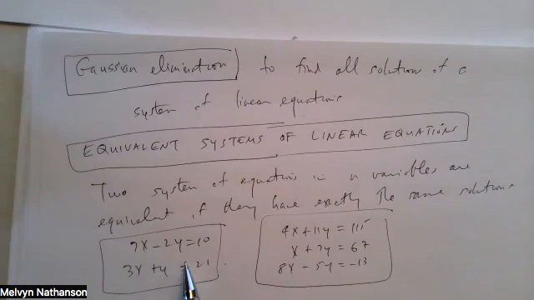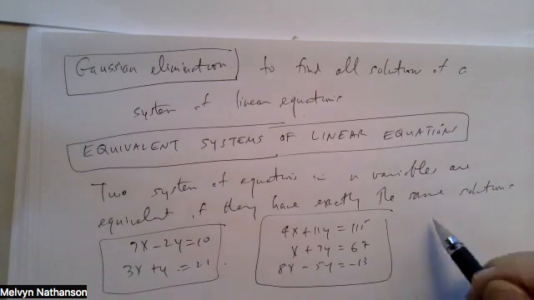The number of equations in the systems does not have to be the same. And in this case, they're not the same. Two equations, three equations. But the important thing is they have the same number of variables. And it turns out they have exactly the same solutions.